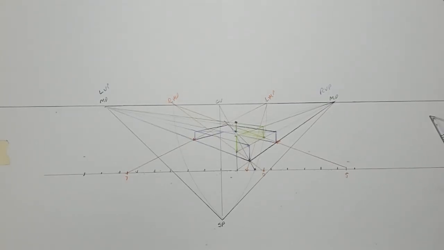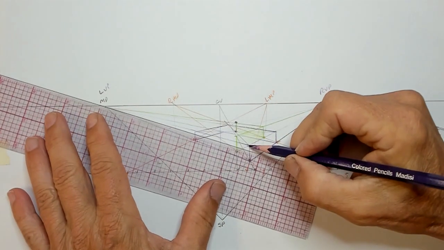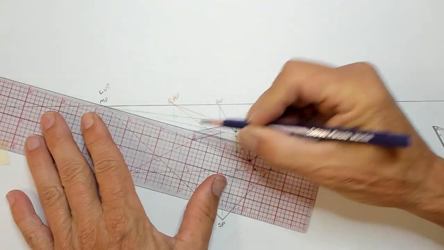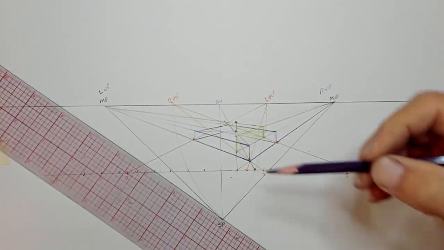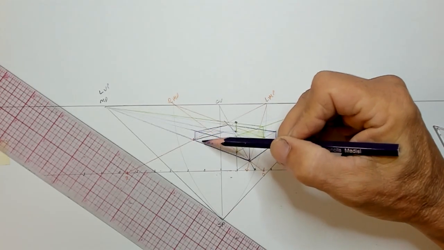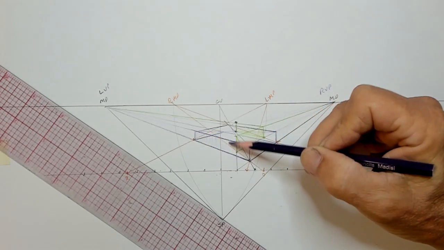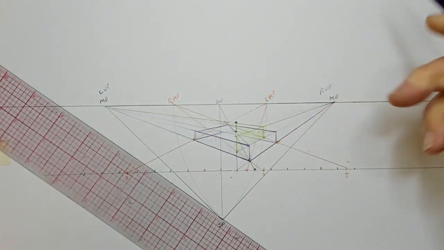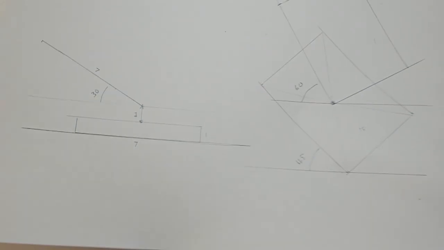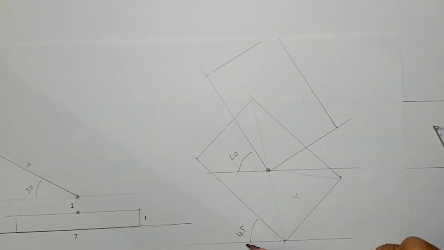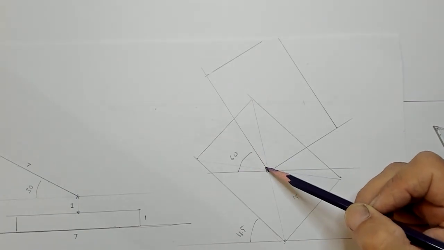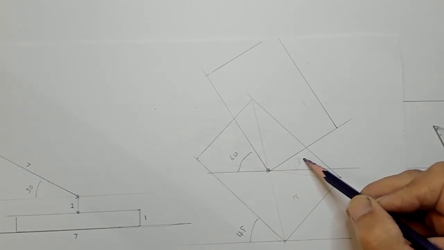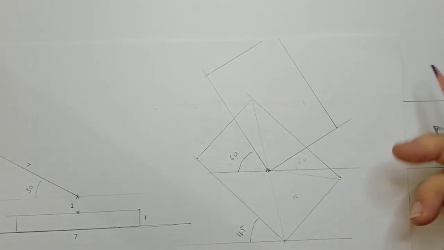So this deck is 45 degrees from the picture plane. But the card that is lifting up off of the deck is going to be a different angle, just to make it more fun. So see, this one is 45. We're rotating the card to 60 degrees. So it'll be 30 degrees on this side, 60 degrees on that side.